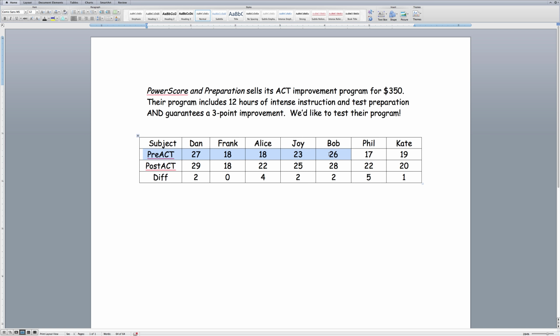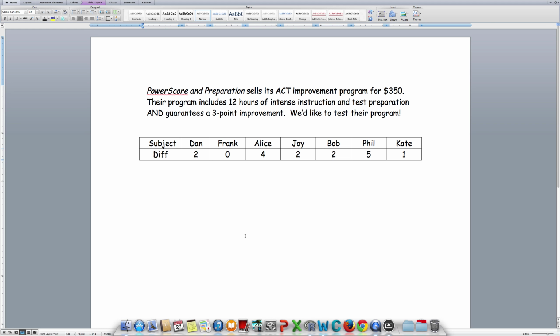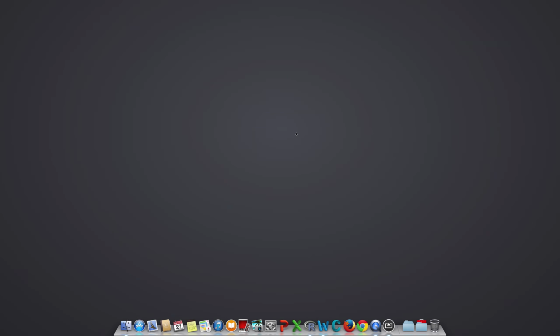Guys, our test now has tunnel vision on this. So we're looking at the difference in the scores as the measurement and not the scores as we do in a 2-sample t-test. Alright gang, let's show you how we actually make this happen.